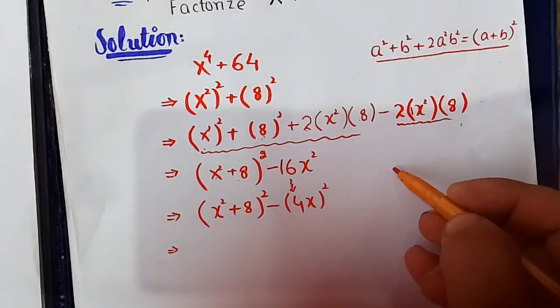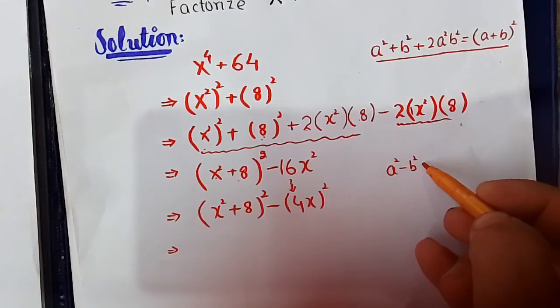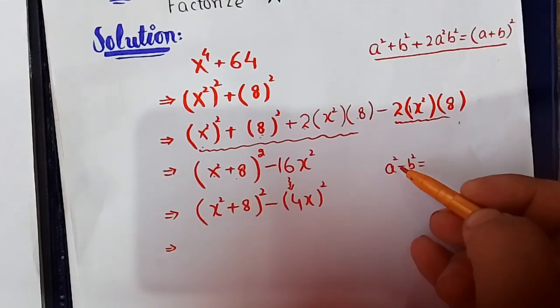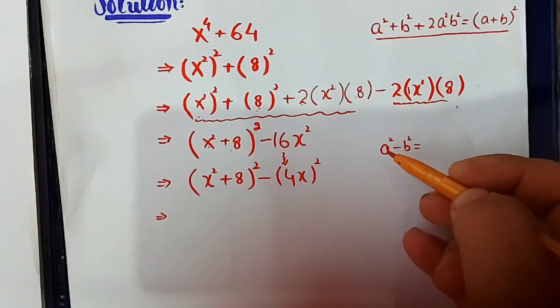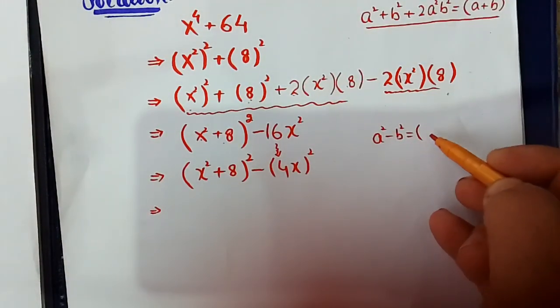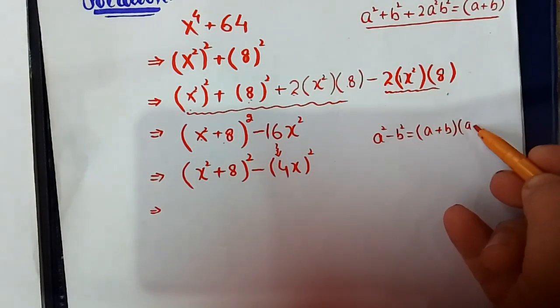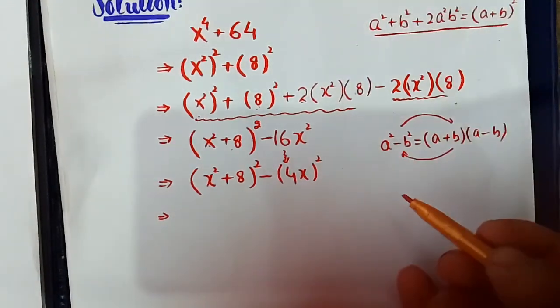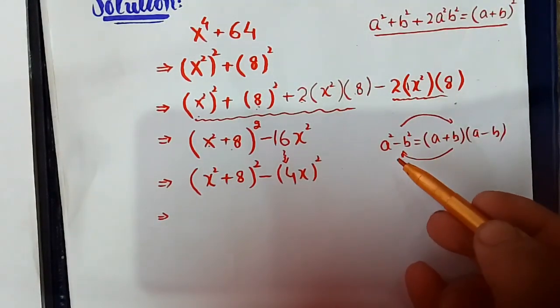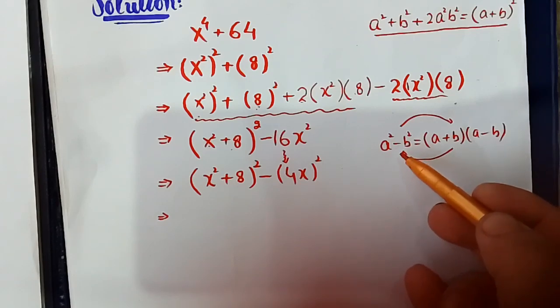If a square minus b square, two squares exist with different signs between them, these can be written as first plus second into first minus second. So this is a formula.